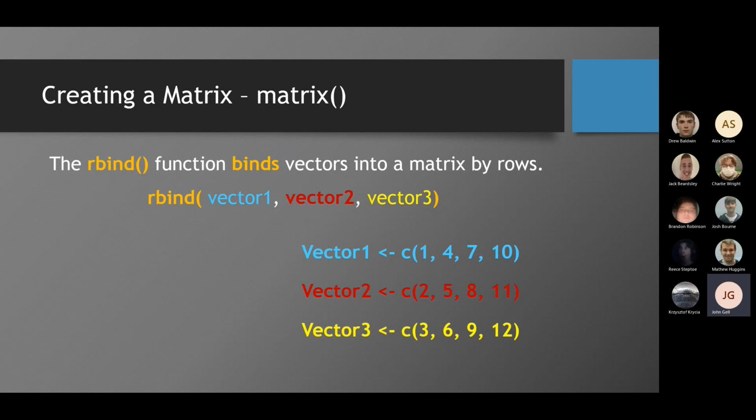Row bind and column bind work if you are combining vectors together. Okay? So both still create a matrix, but what they do is bind multiple vectors together in a matrix.